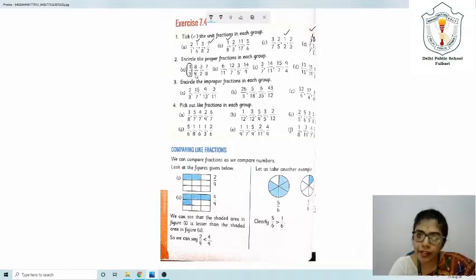Next, 8 by 9. Numerator 8, which is smaller. So let us encircle this. 3 by 2. No, 3 is bigger than 2. Now the last one is 7 by 8. Yes, certainly, because 7 is smaller than 8. So proper fraction means the numerator has to be smaller.